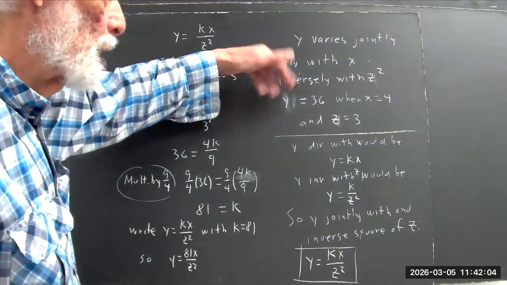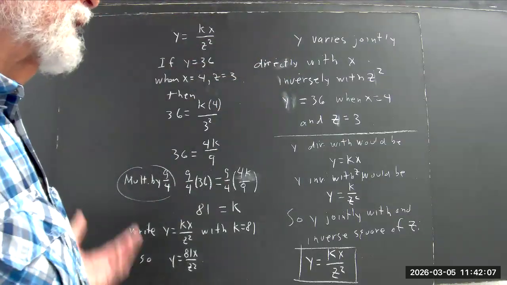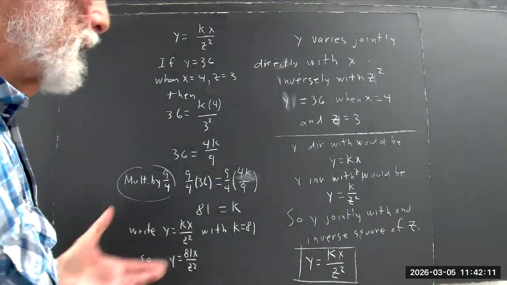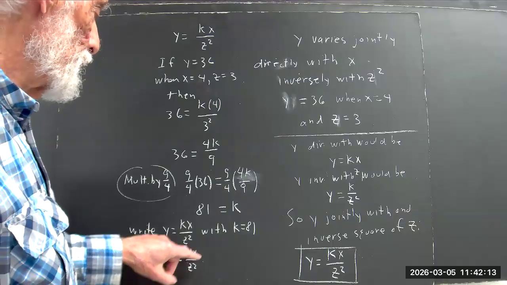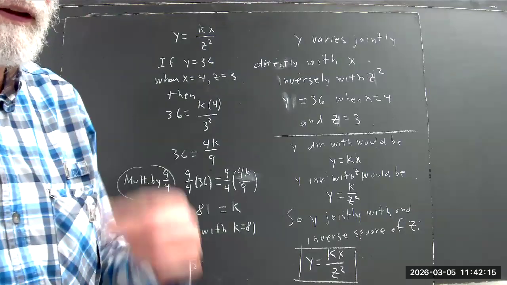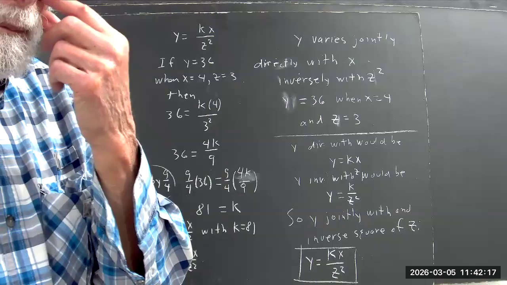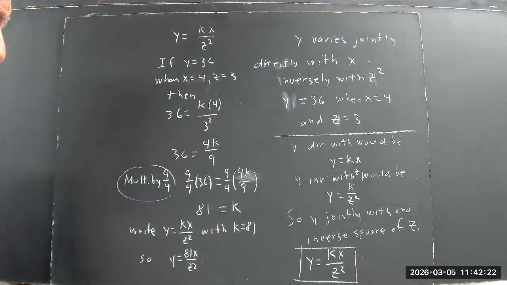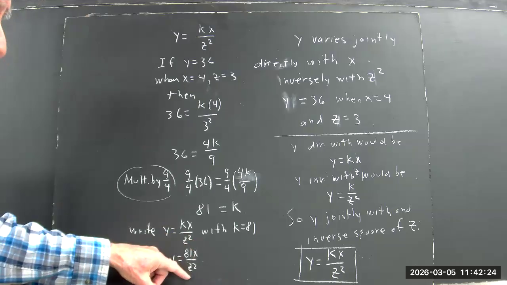Now I didn't say let's find y when z equals 6 and x equals 12, okay? But if I did, I could put z equals 6 and x equals 12 in here and I get a value of y, okay? In other words, just like with a regular direct proportionality, but I've got an x and a z.